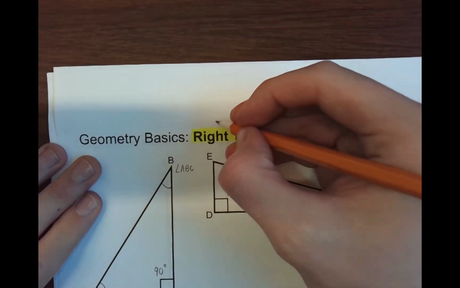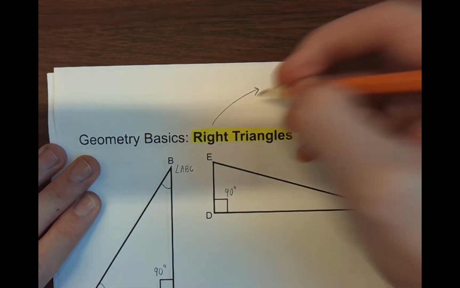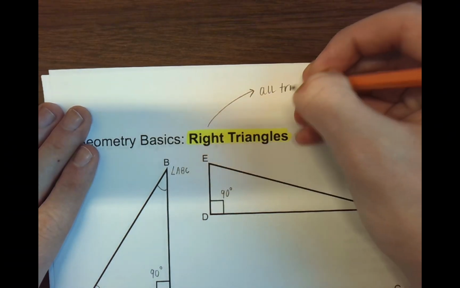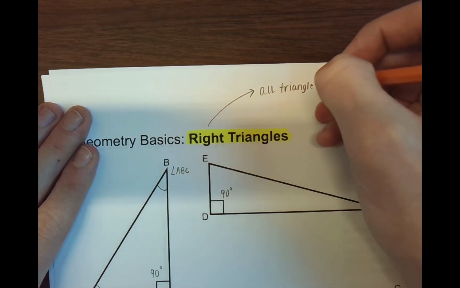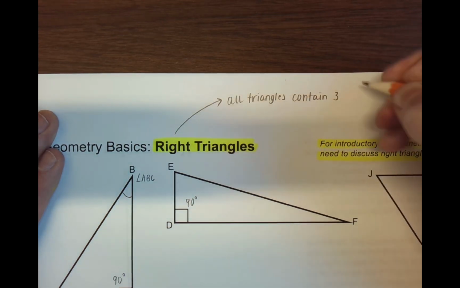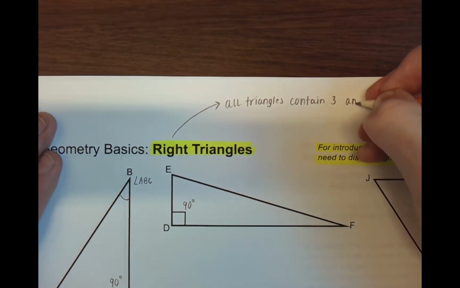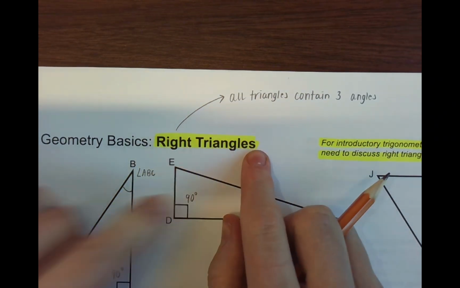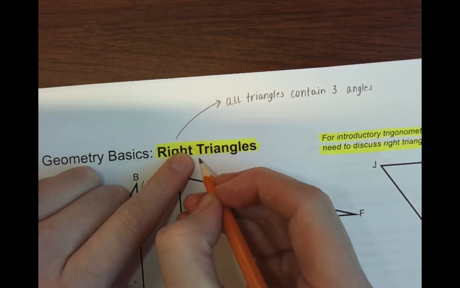So first things first, all triangles contain three angles. Tri meaning three.